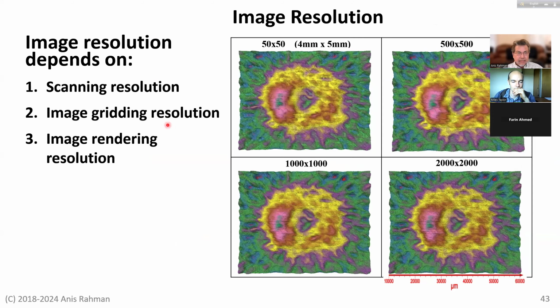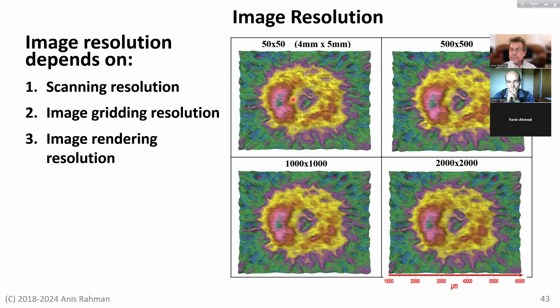Here is another thing, the image resolution. Once the measurement is done, the measurement has a scanning resolution. That's one factor that determines the image resolution, but also when the software manipulates that BLR matrix, it has some options to control the image resolution. We can make a grid of, let's say, 50 by 50, and that will give us an image almost immediately.